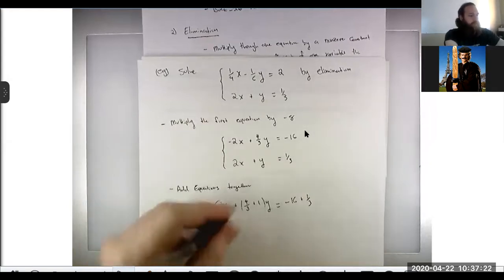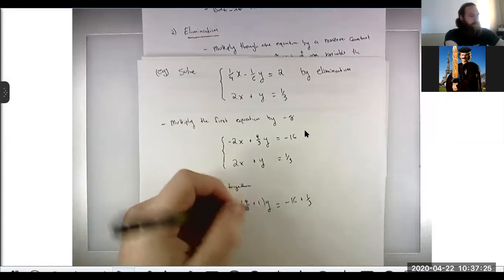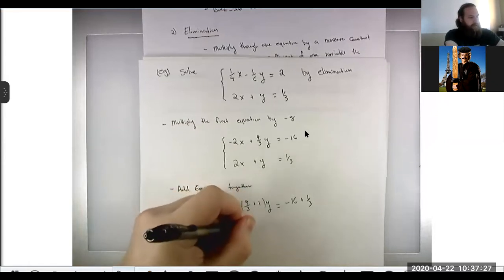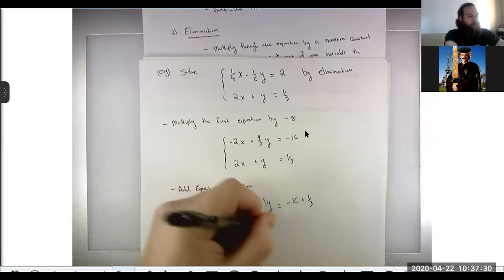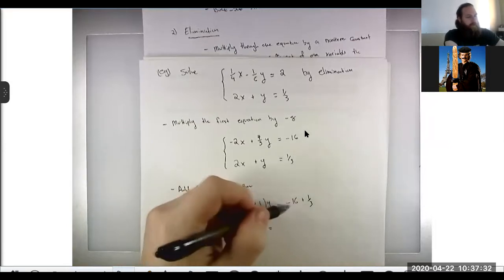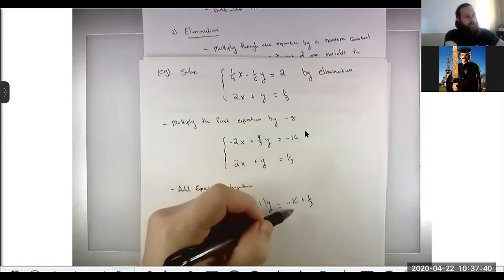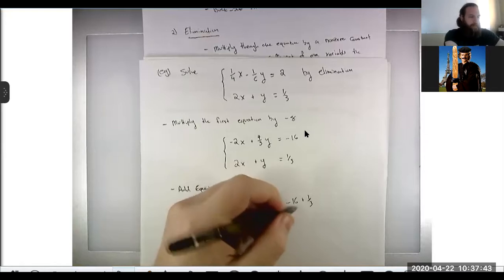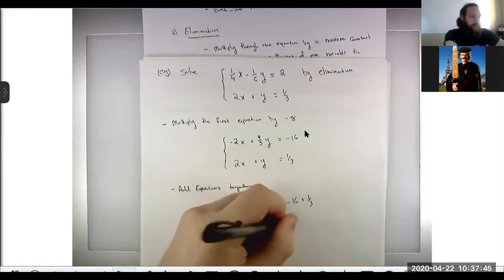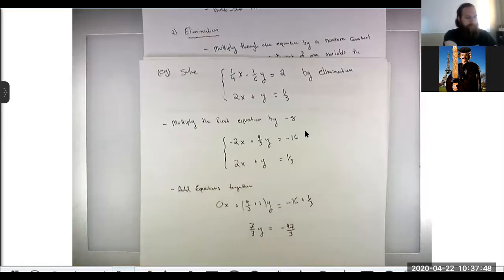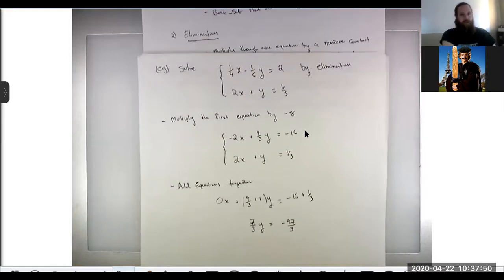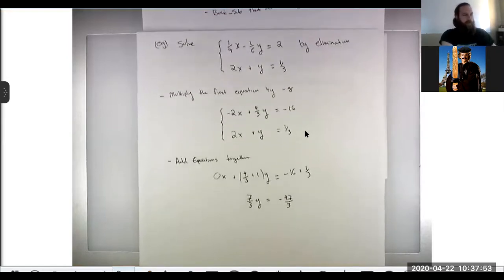So 0x is 0. 4/3 plus 1, well, 1 is the same as 3/3, so that's 7/3 y equals. And then negative 16 as a ratio over 3 is, what is that, 48? Yeah, 16 times 3 is 48, so that's negative 48 plus 1 is negative 47/3. And then from here, I can solve explicitly for y, because this is just a single equation with a single variable.